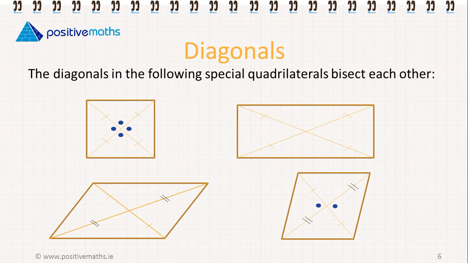Now let's look at the diagonals for each of the four special quadrilaterals. First of all, we have the square. What we want to notice is that the diagonal lines that you can see in the lighter orange bisect each other. What that means is that they cut each other in half. We might have heard of the word intersect before, which means just to cross over.